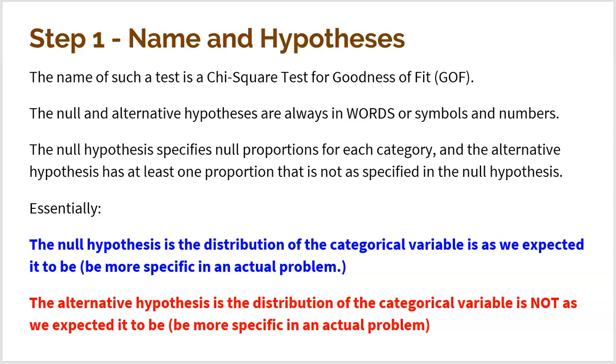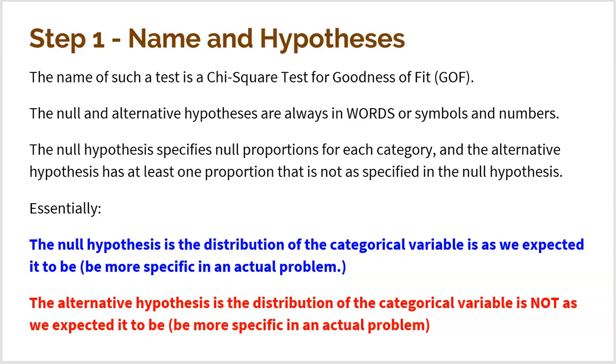You can use numbers if you wanted to, but I actually don't recommend it. It's easier just to use words. So basically the null is that, hey, everything is the way that we thought it was. The distribution we thought was true is okay. And then the alternative is, whoa, something's not fitting. Even if it's just one of those values, it doesn't seem to fit.